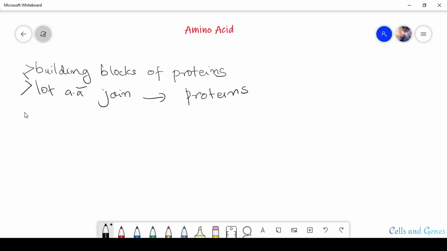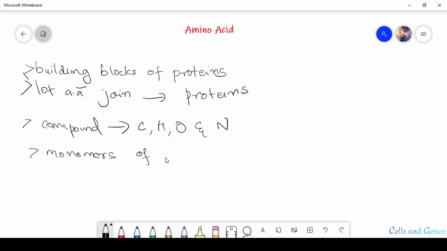Talking about amino acids, they are compounds that contain carbon, hydrogen, oxygen and nitrogen. So they are also called monomers of proteins.